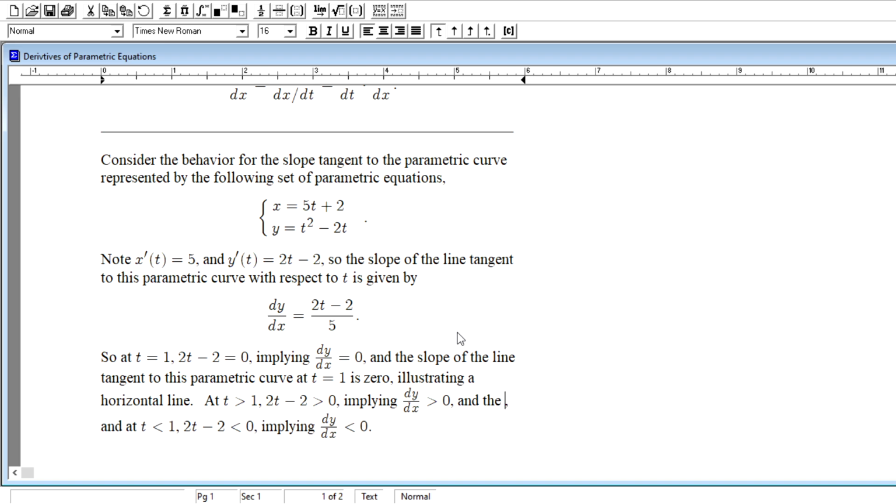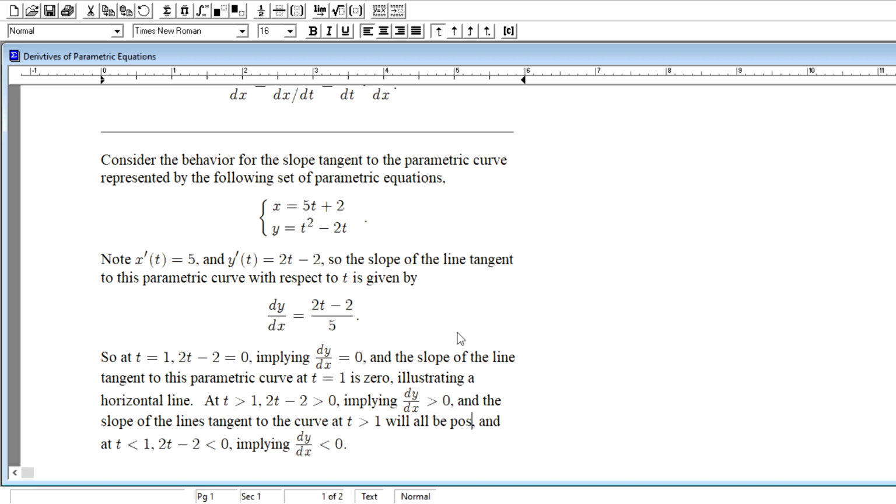And the slope of the lines tangent to the curve at t greater than 1 will all be positive in slope.